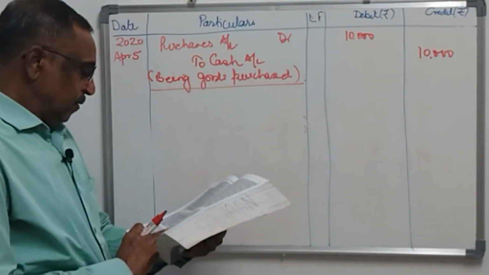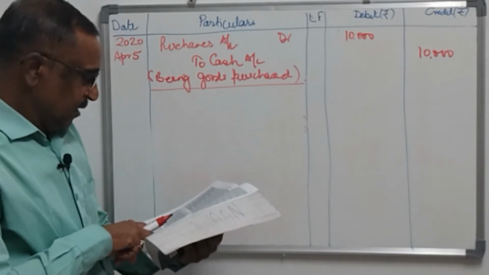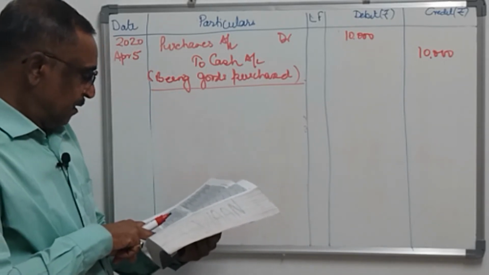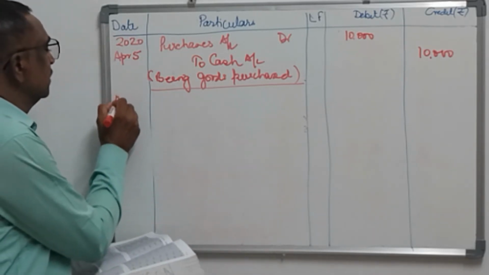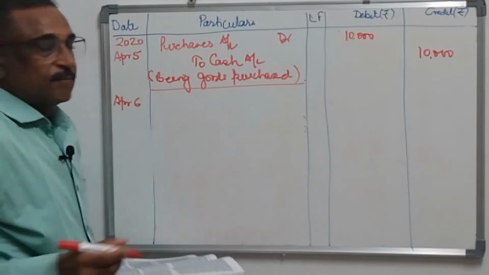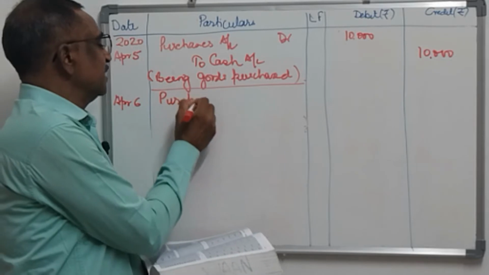Purchase goods from Prasad and Company 6 April. Amount is 1 lakh. Purchase goods from Prasad and Company April 6. Goods are purchased. Obviously we are going to debit purchases account.